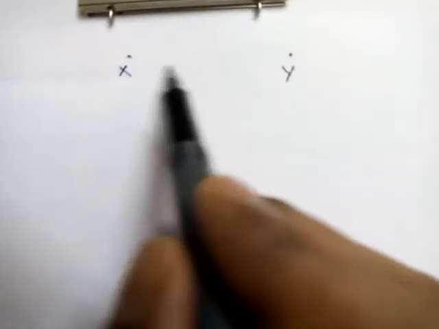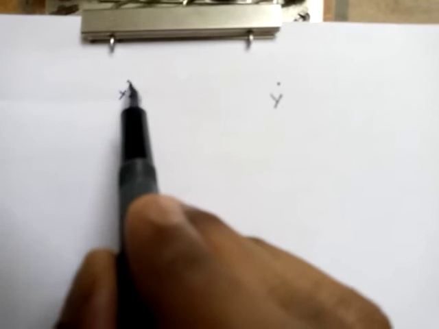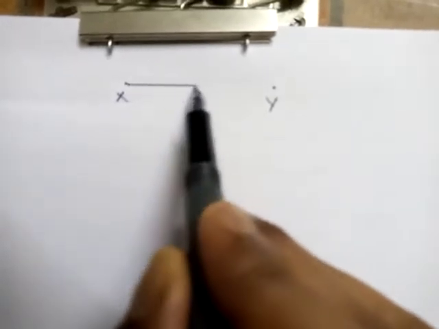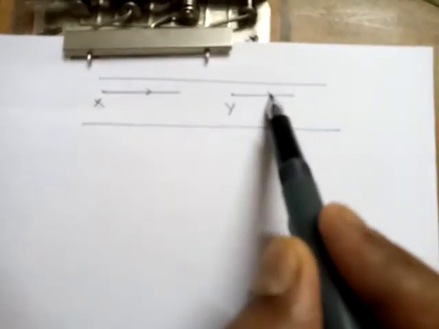If the two cars go in the same direction, suppose x is going in this direction, y also goes in the same direction. The road is like this. This is the road. Here x goes in this direction, y also goes in this direction.